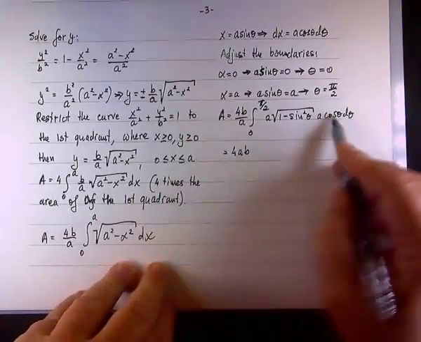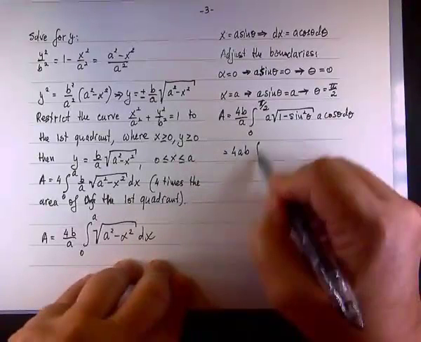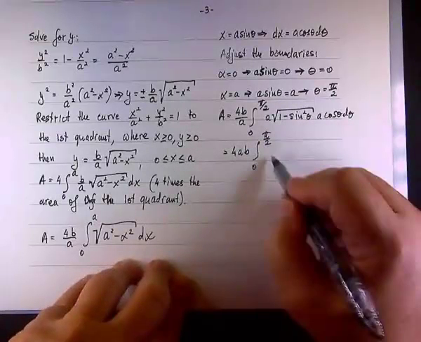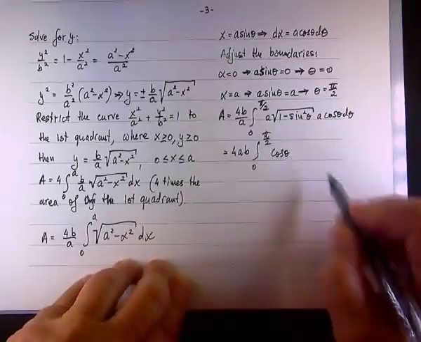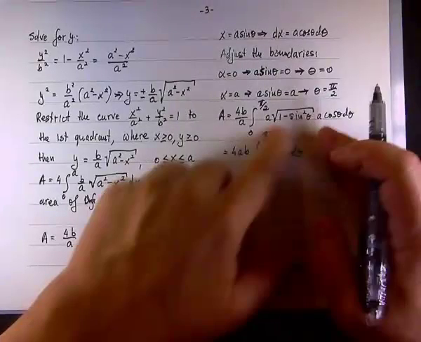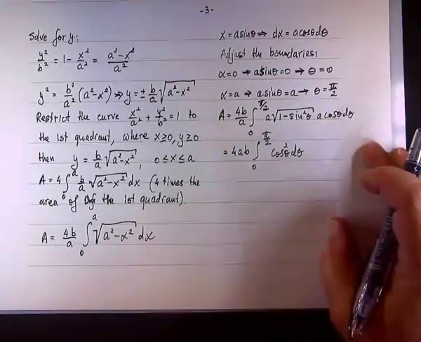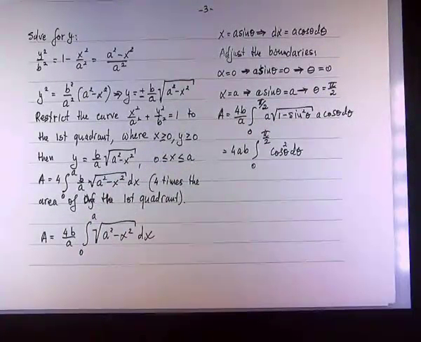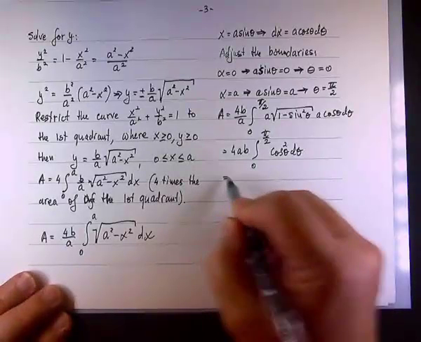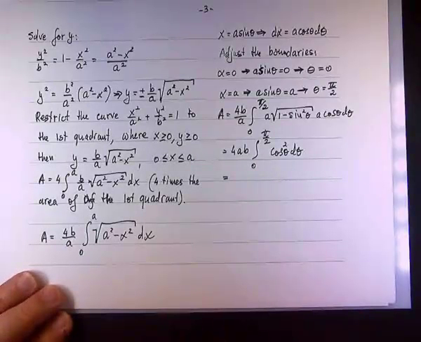So we end up having 4ab, a squared over a, the integral from 0 to pi over 2 of cosine squared theta d theta. This gives you cosine theta, and you have another cosine theta. And remember the half angle, or the double angle?